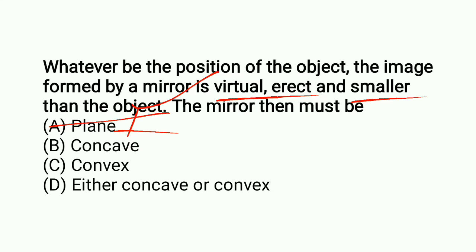So option B is also not correct. And option C, convex. The convex mirror will produce, for all positions, an image that is virtual, erect, and smaller than the object. So here option C is the correct answer.